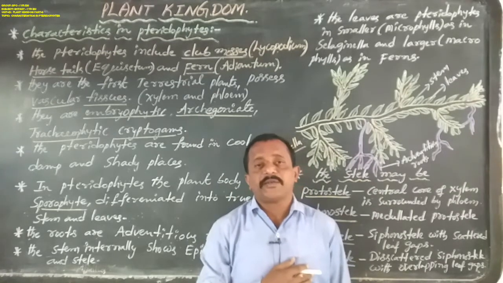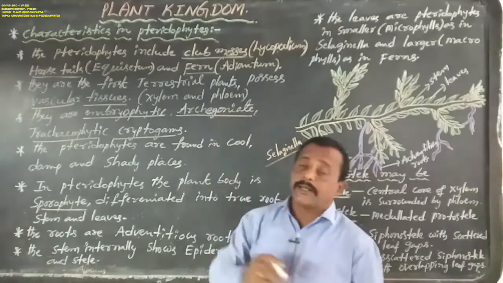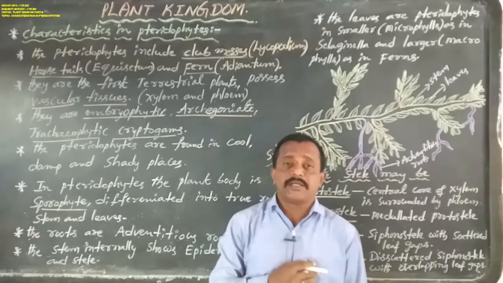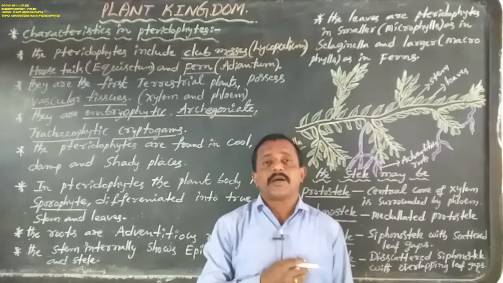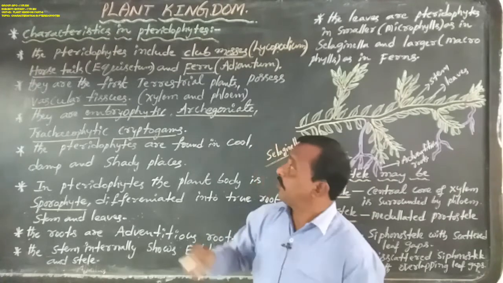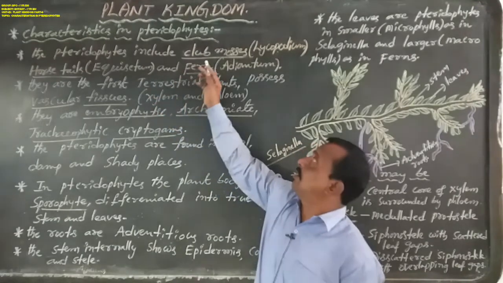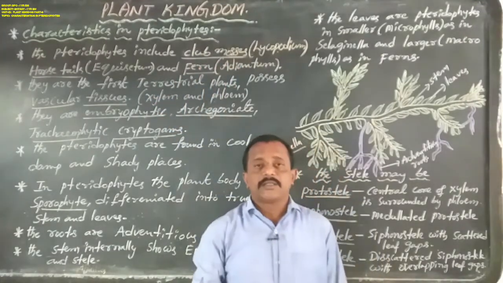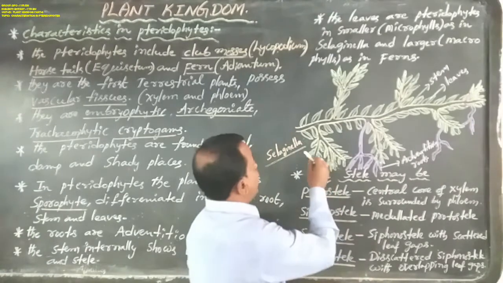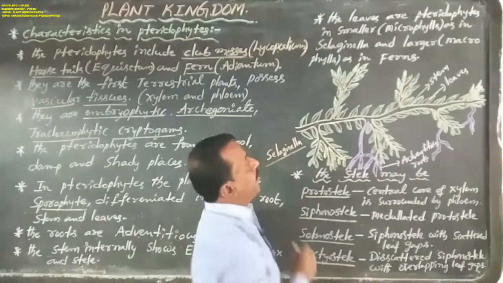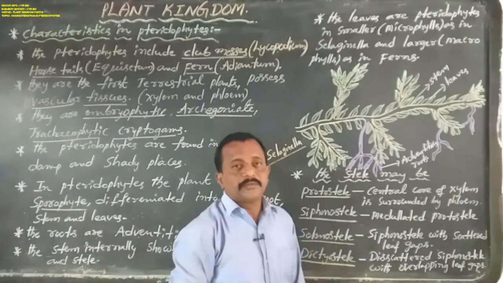Examples here are Adiantum and Marsilea. Now, the pteridophytes include club mosses, with examples Selaginella and Lycopodium.